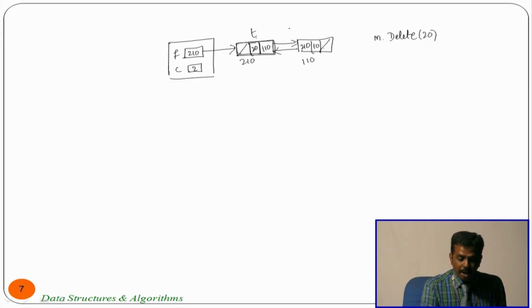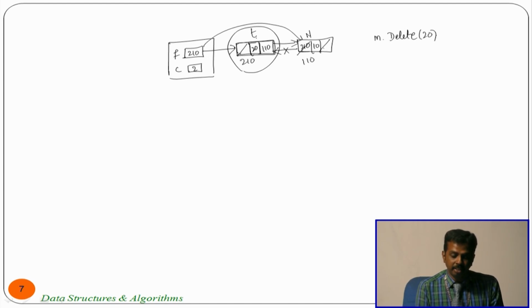See the diagram, what code do we have to write? I only need to create this link. It means the T will become the first node, and then the 1/10 node's next field has to be changed to null. It means that this link has to be cut, because this memory is going to be freed, so deleted.